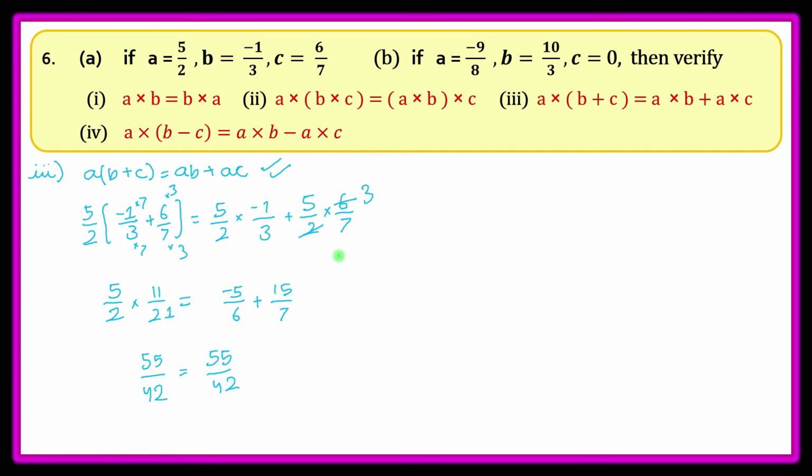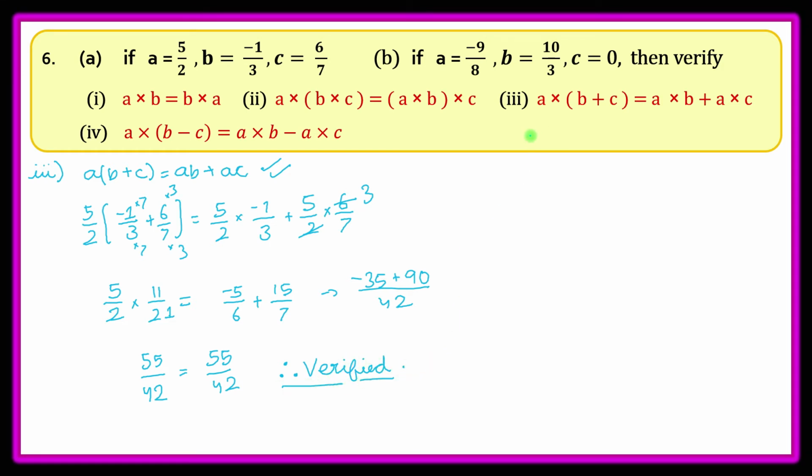Otherwise if you want justification, so it will just be equal to minus 35 plus 90 divided by 42. This would be if you just convert into LCM, and 90 minus 35 is 55 like this. So therefore we have simplified, and we have verified the property. So the property is verified like this.